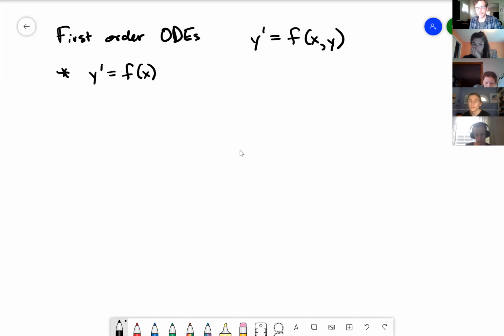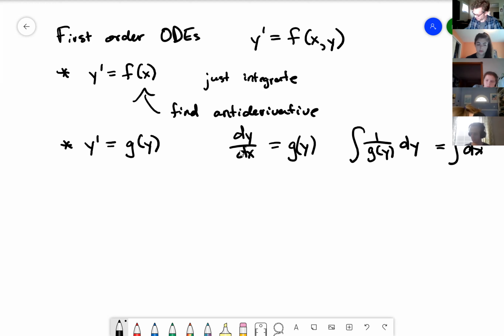And then we did a little bit of a trick, which was that we just treated this dy dx as if it was a fraction. And we rewrote this as 1 over g of y dy equals dx, right? And we just integrated both sides.